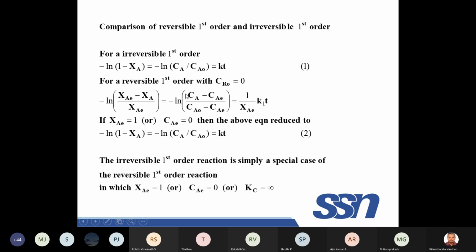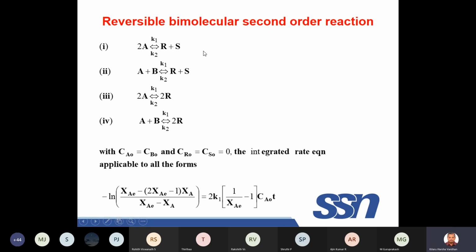Whether it is reversible or irreversible, the reversible can be converted to the irreversible process if you substitute, since there is no back reaction. Like that you have to do for second order also. It becomes very difficult. I'm not telling you it is easy, because you know how difficult a normal reaction itself is.